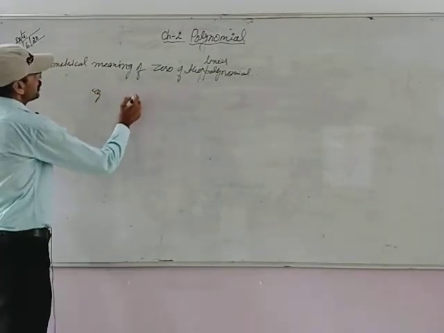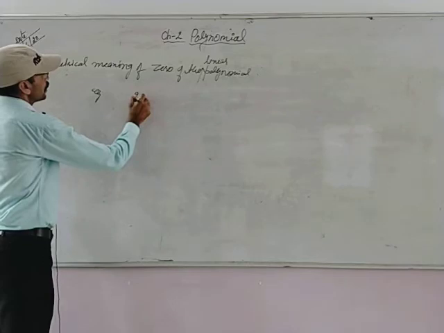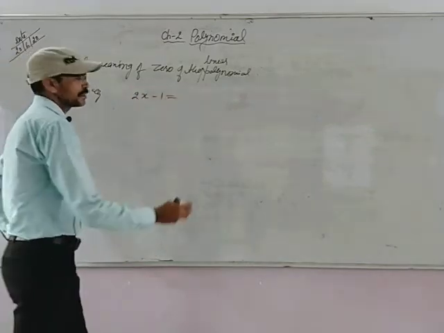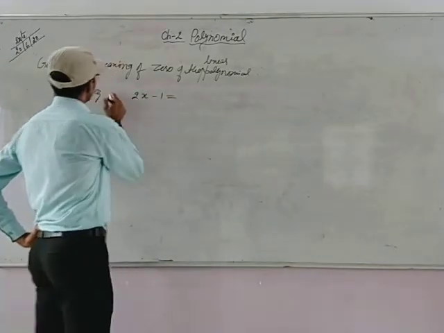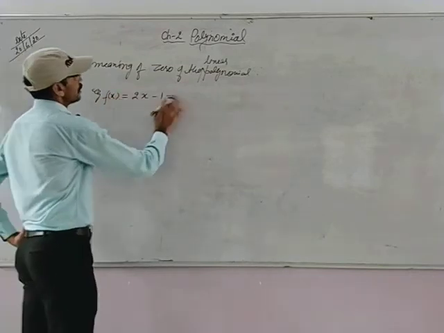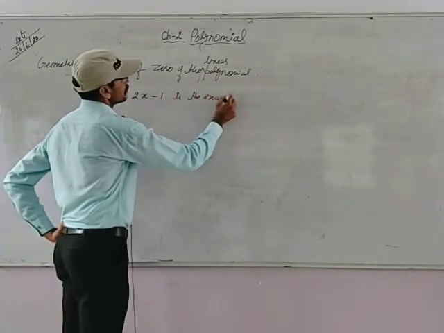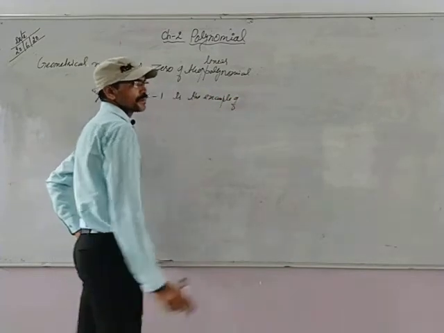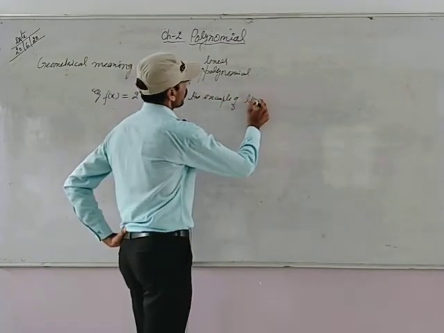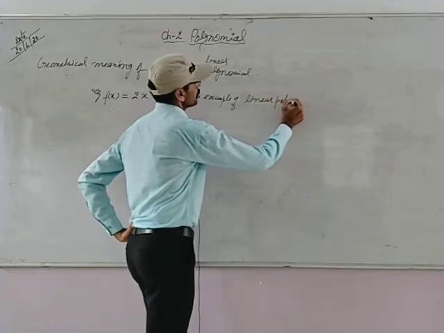Example, 2x minus 1 is an example of a linear polynomial.